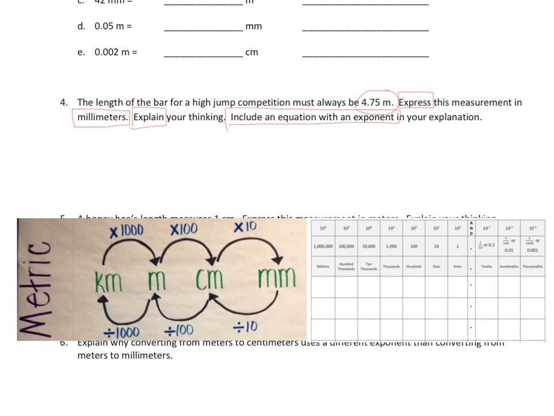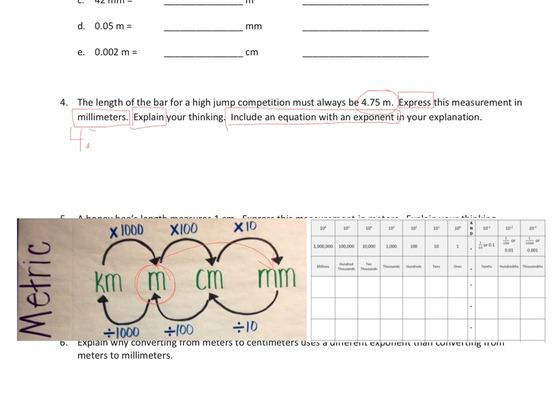So let's go back. Let's figure out what we're going to be doing. We're converting our measurement of meters, right here, meters, and we're going to millimeters. So right there, we should know that we are multiplying, and we're multiplying it by 1,000. So let's write our problem out.